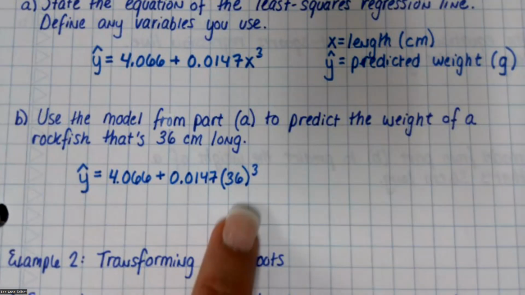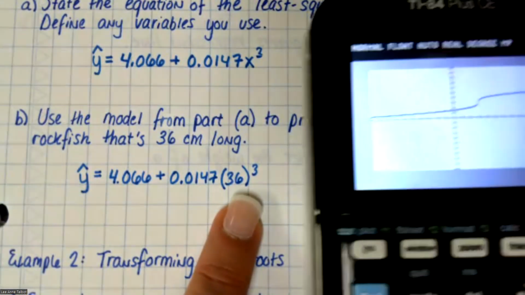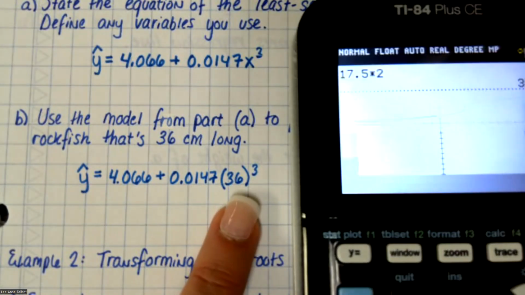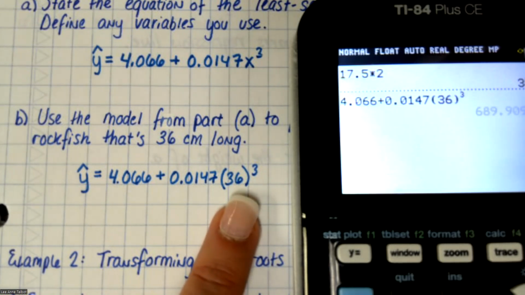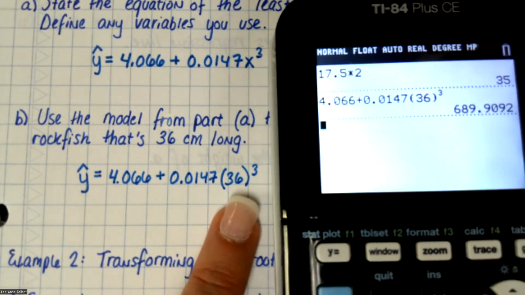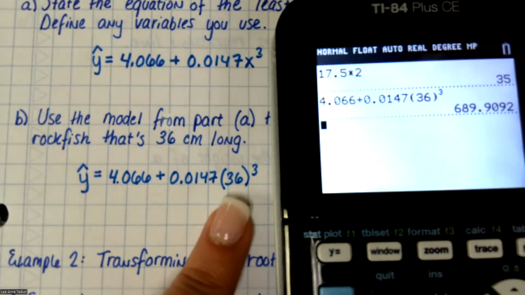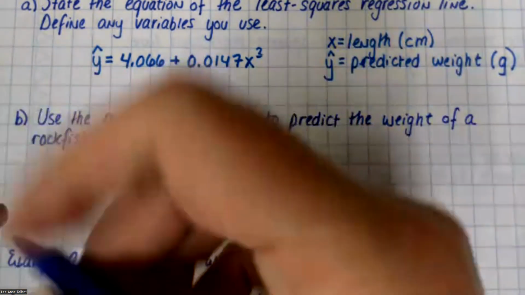You just have to actually make sure to type that in the calculator instead of just 36. Now it's 36 cubed. 689.909 grams.